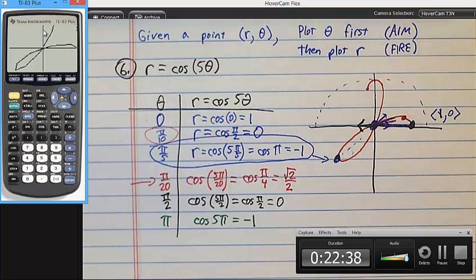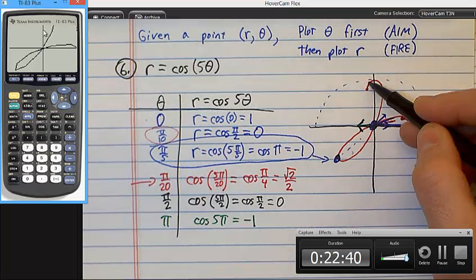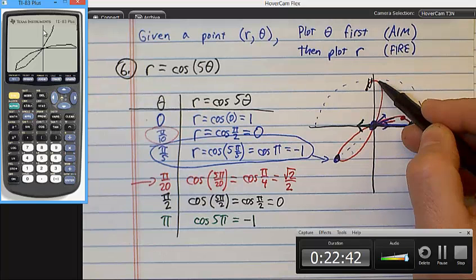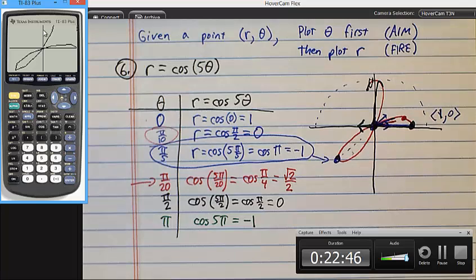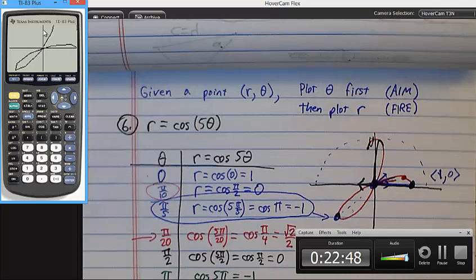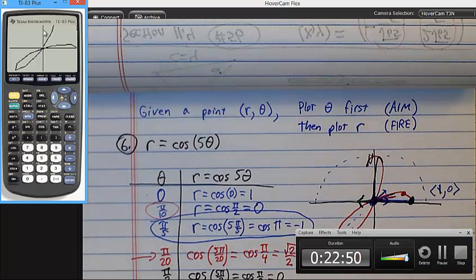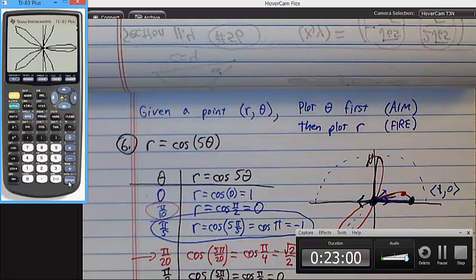And so what that says is, by the time the graph gets to pi over 2, I should be back at the origin again. Okay? I paused it before that happened. But what we should see is the curve should come down to the origin and then go through it again, because now it'll have negative r's. So let me go ahead and finish it up. You see that?